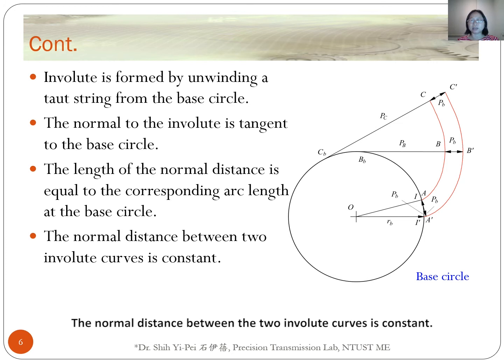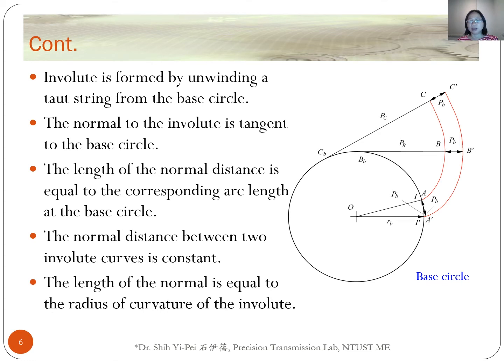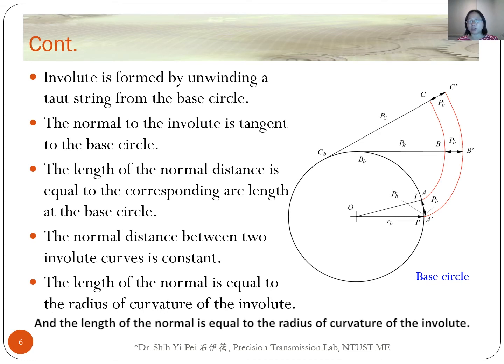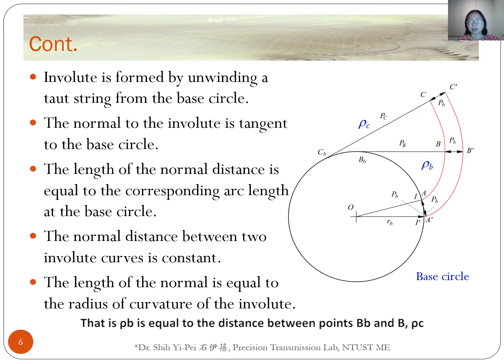The normal distance between the two involute curves is constant, and the length of the normal is equal to the radius of curvature of the involute. That is, rho B is equal to the distance between points BB and B. Rho C is equal to the distance between points CB and C.